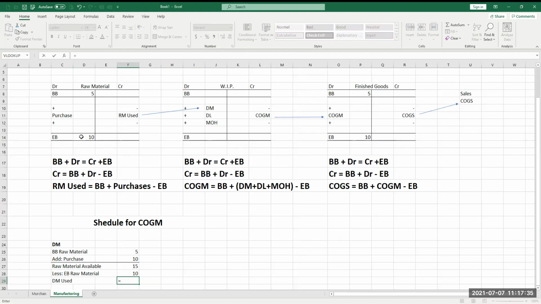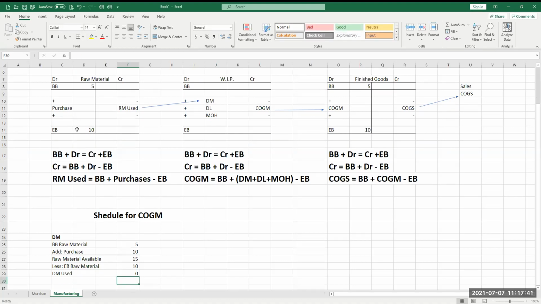Or shall we, let's reduce this number to 3. So the ending balance here is 3. How much is the raw material used? 15 minus 3, 12. Let's put the number here. We have purchases of 10 and we use 12.